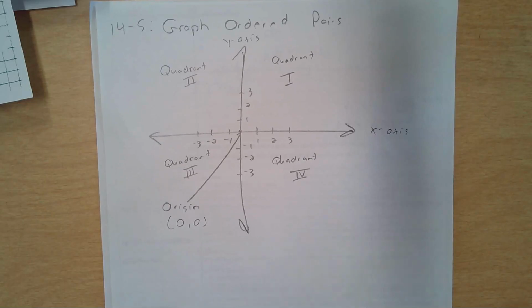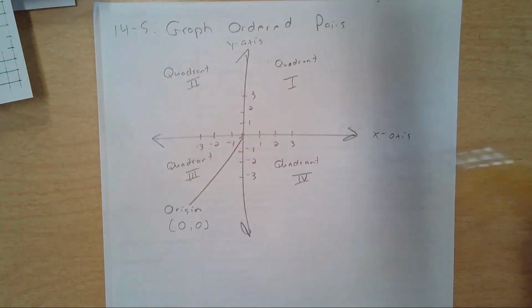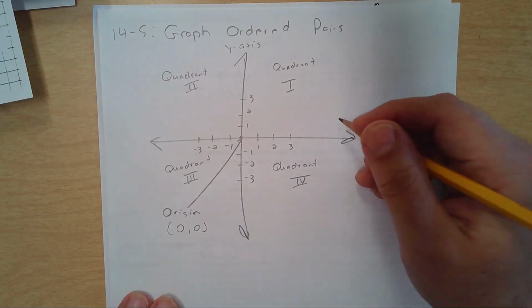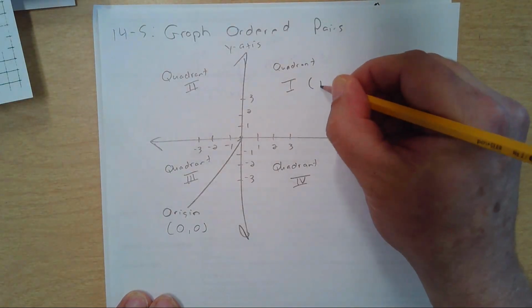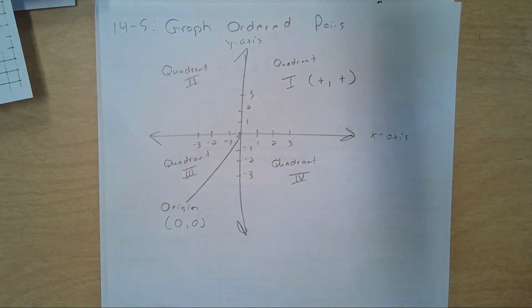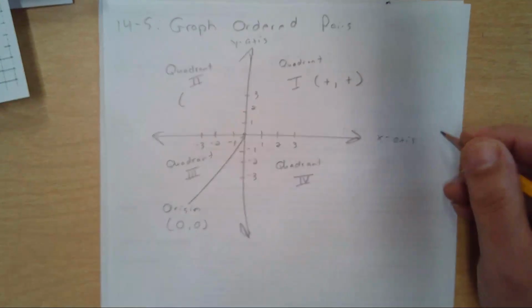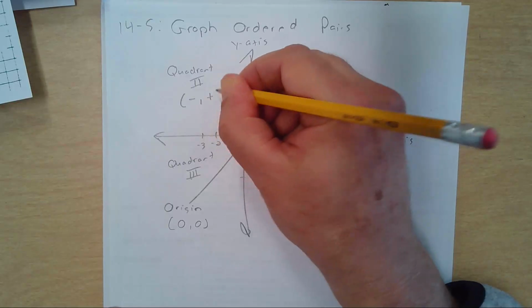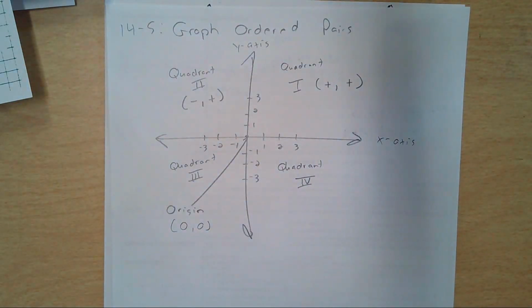So they go in a counterclockwise direction here. Anything in quadrant 1, your x value is going to be a positive value, and your y value is going to also be a positive value. Anything in quadrant 2 will have a negative x value and a positive y value.